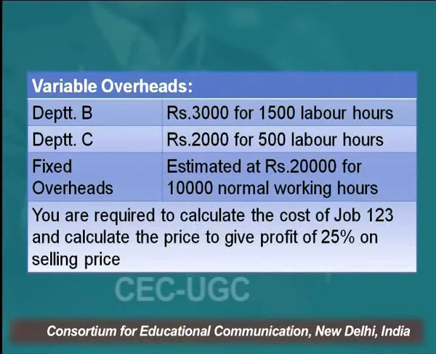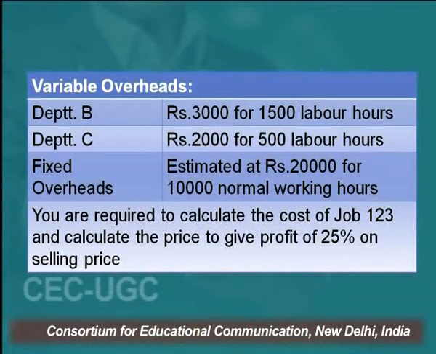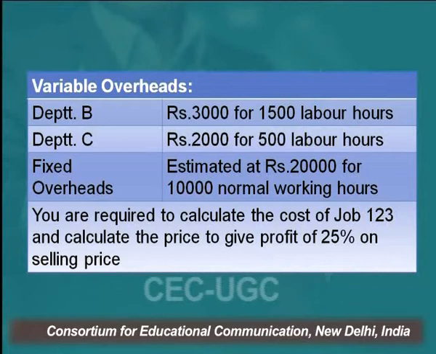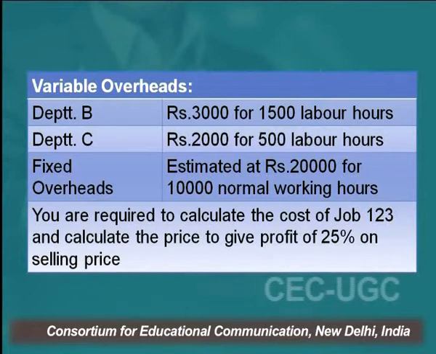Overheads are 20,000, working hours are 10,000, so 20,000 divided by 10,000 comes to rupees 2. In this way you can calculate the per hour fixed overhead rate. So these are the facts, the expenses that have been incurred.